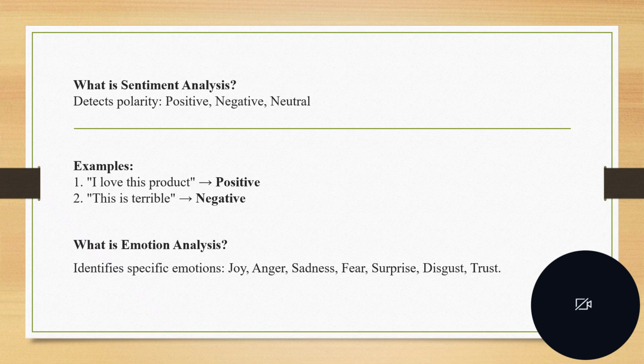For example, the sentence, "I'm extremely worried about the exam tomorrow," expresses fear and anxiety, even though it's not clearly negative in terms of sentiment. Emotion analysis is especially useful in mental health applications, customer support systems, social media monitoring, and interactive AI assistants, where understanding the user's state of mind can help deliver an appropriate and empathetic response.